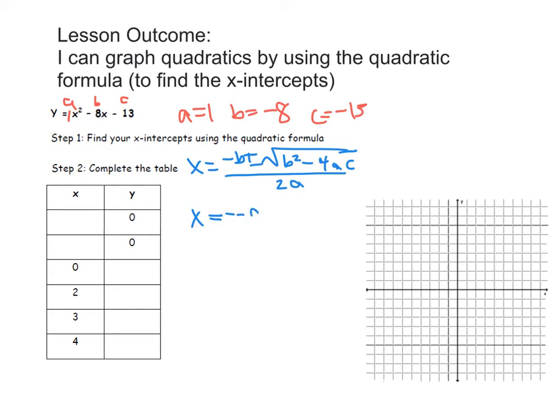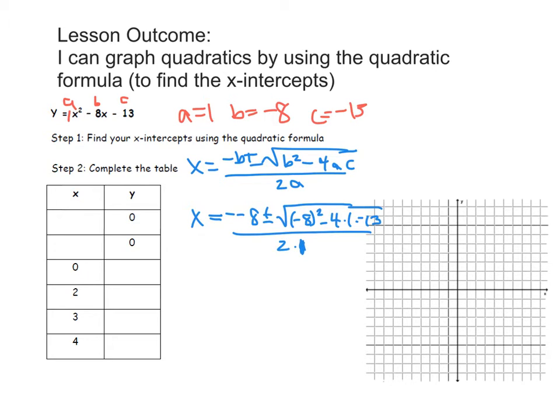Negative 8 plus or minus the square root of negative 8, because that's the b value, squared, minus 4 times the a value times the c value, all divided by 2 times the a value. That's a 1, not a 4.